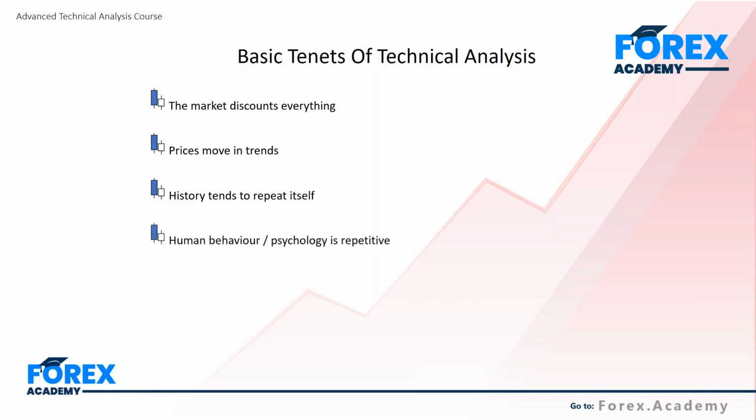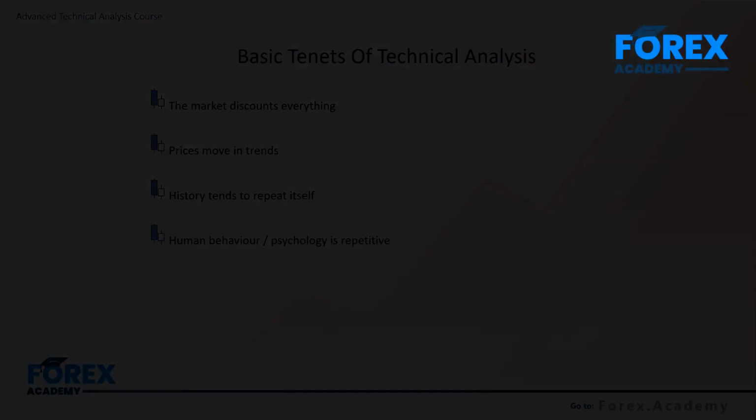Finally, and this is just an extension of the previous point, if price or history is repeating itself, that then essentially means that human behavior or human psychology has a repetitive element. It is repetitive. And this is essentially why we are able to, first of all, study price action and apply technical analysis techniques to price action to determine future price movements in financial markets.